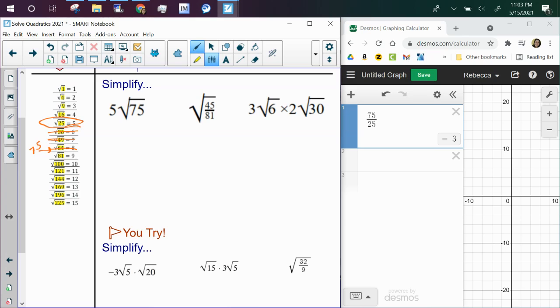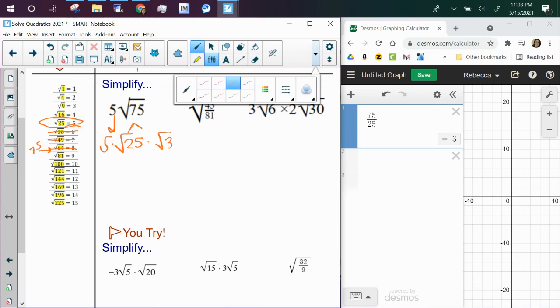So I've got to rewrite this 75 as the square root of 25 times this 3 right here. So I've got to do the square root of 25 times 3. Now the 5 is still going to come along for the ride, and technically this is multiplication between them. Now, I know the square root of 25 could be positive 5 or negative 5.